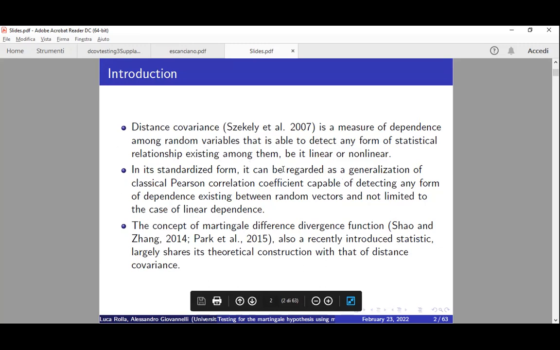Distance covariance is also capable of finding any nonlinear links.